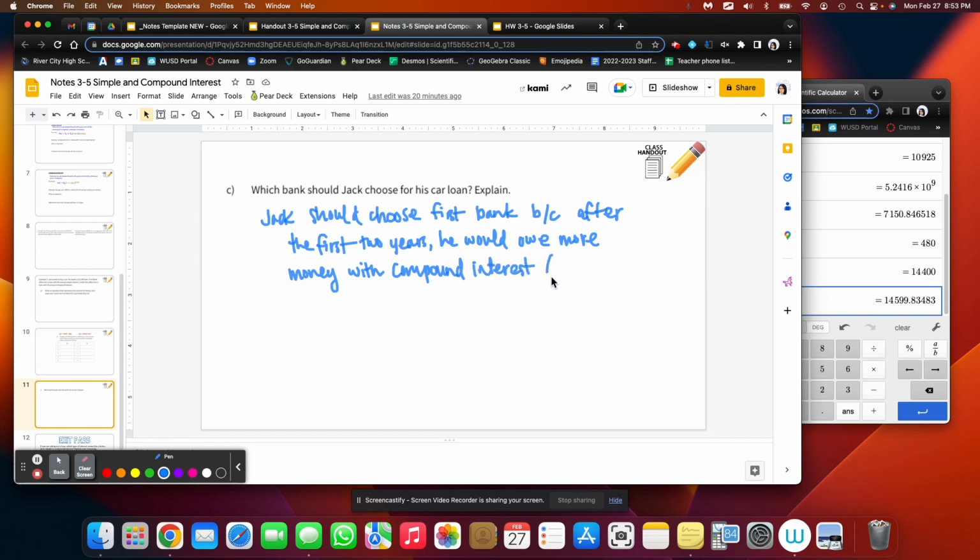Which is what Credit One offered. So based off the amount of money and the amount of years that he would be taking the loan, he should go with First Bank. Simple interest would be a better deal.